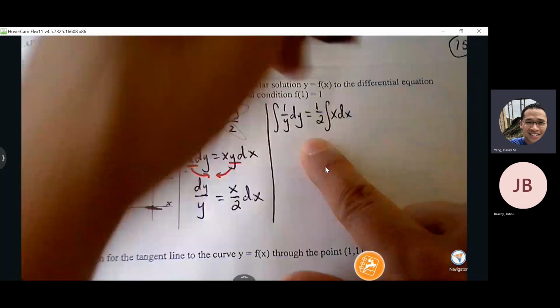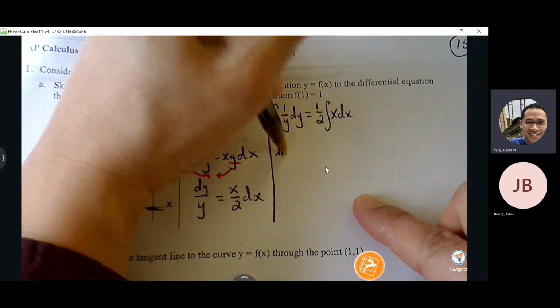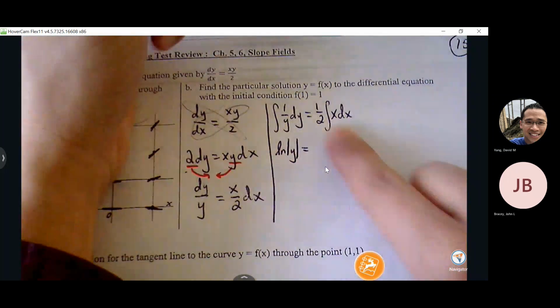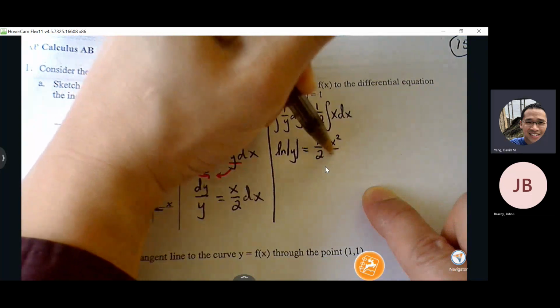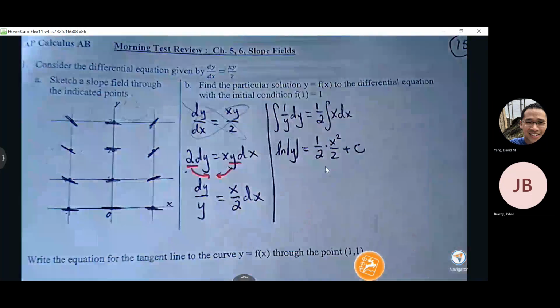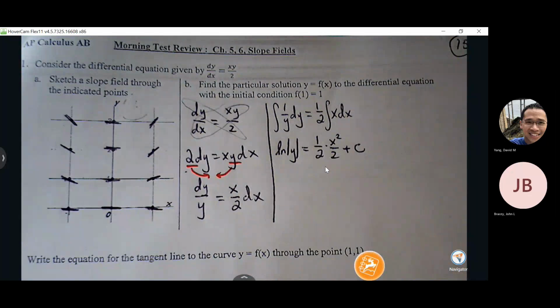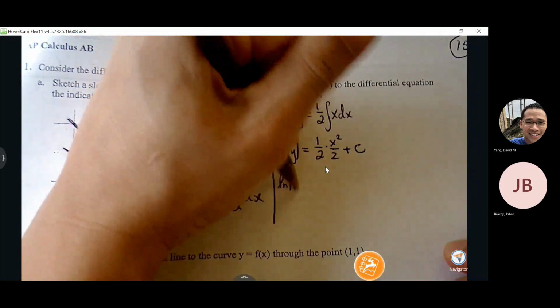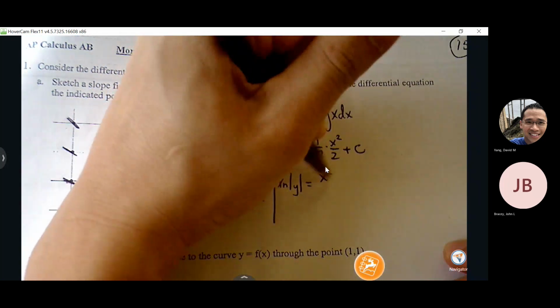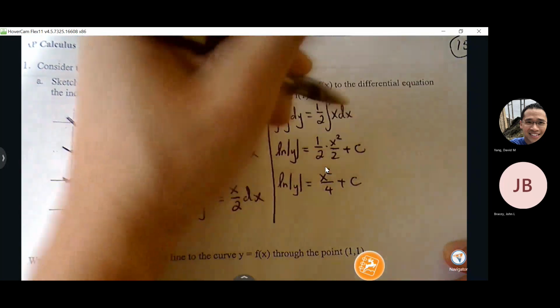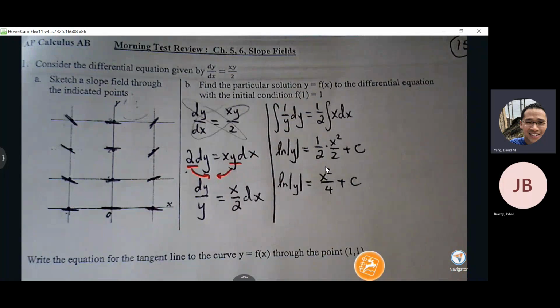Okay, left side is natural log. Natural log has the value of y. 1/2 x becomes 1/4 x squared by the power rule. Raise both sides, e is the base, because I want to solve for y.